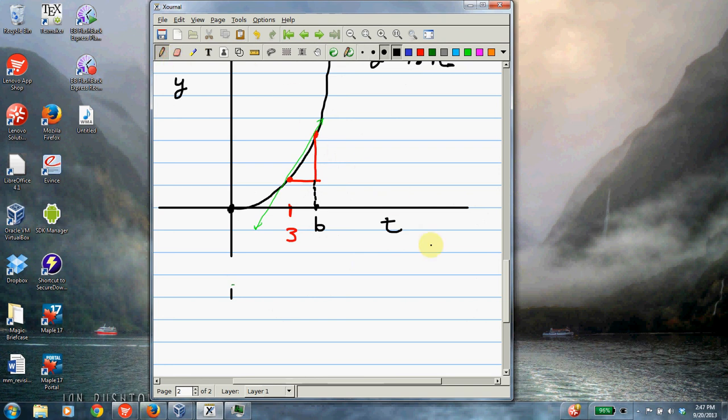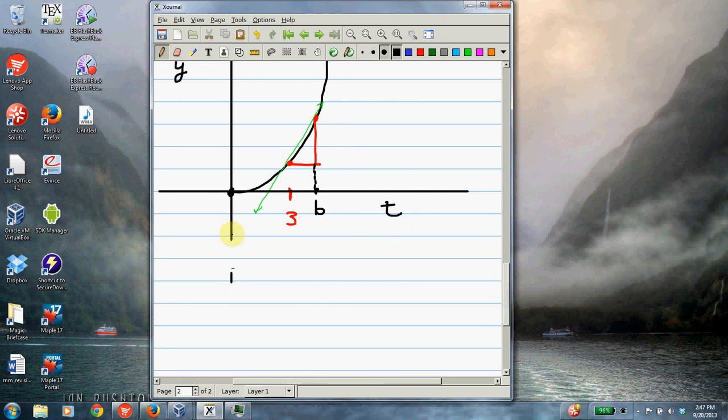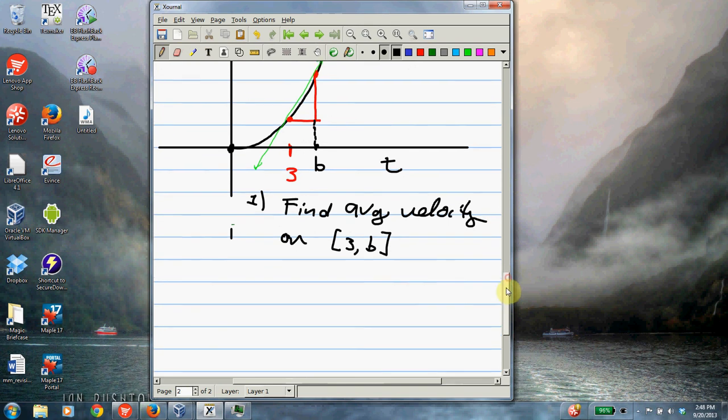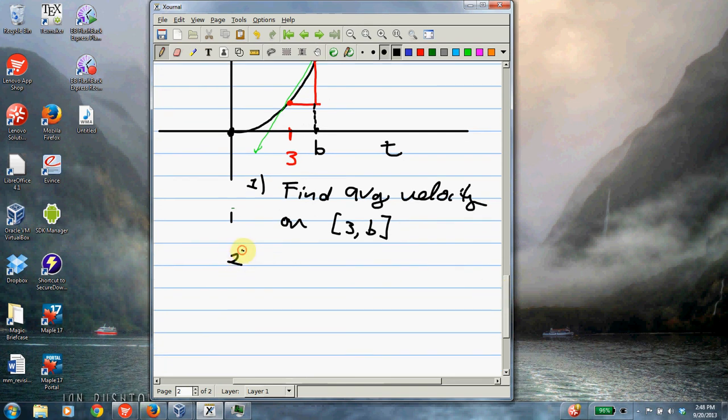Okay, so two steps here. One is find the average velocity on the interval from 3 to b, so b is standing in for some number now, and two, that'll give us some expression, and then we're just going to let b go to 3.